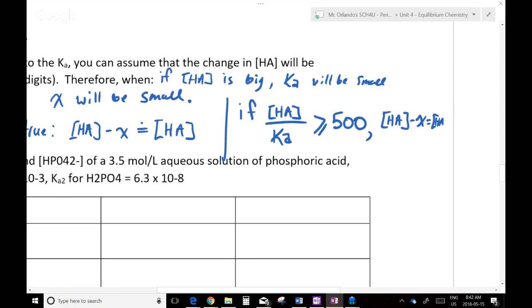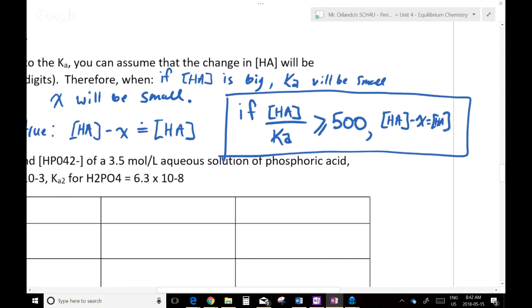And that will make our algebra much, much, much easier. I think this will make more sense to you if we go through and do an example. But it's a time-saving assumption we can make.